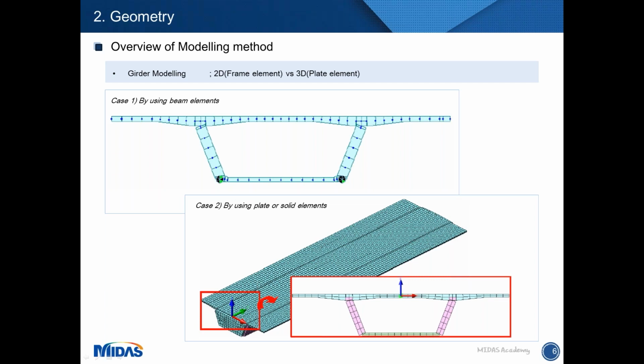The second method is 3D. It has plate elements, and it could also be generated using solid elements depending on the purpose. I know that this method allows us to consider the global effects of each load case.